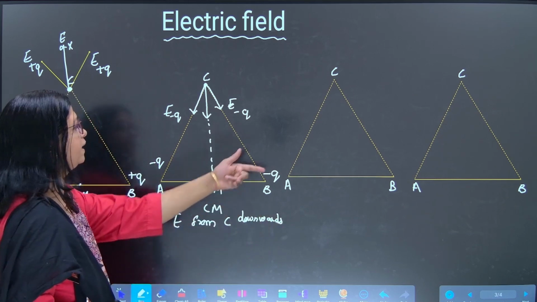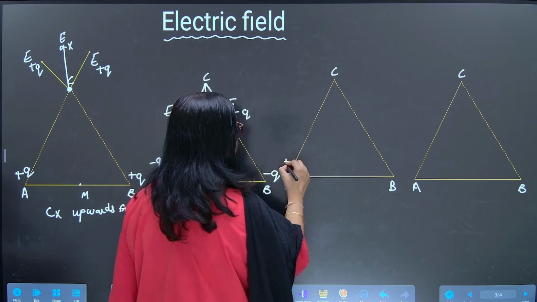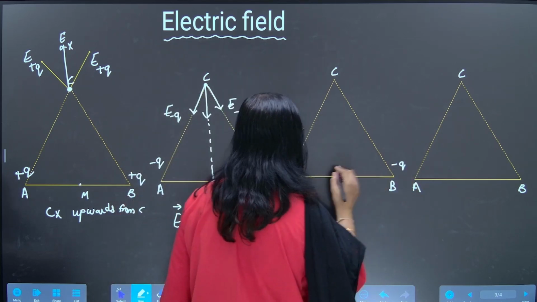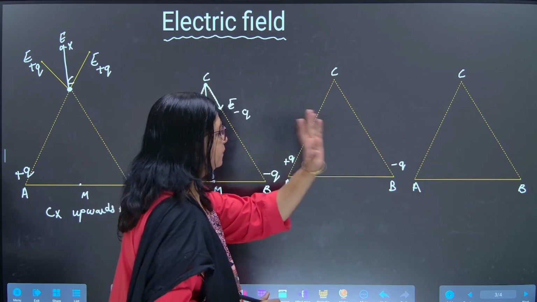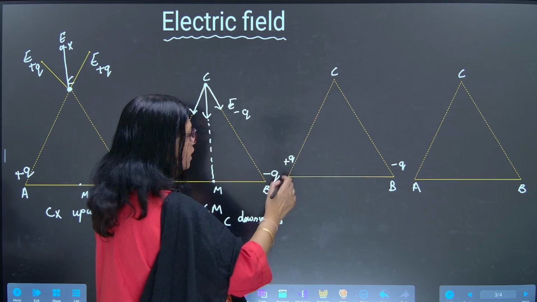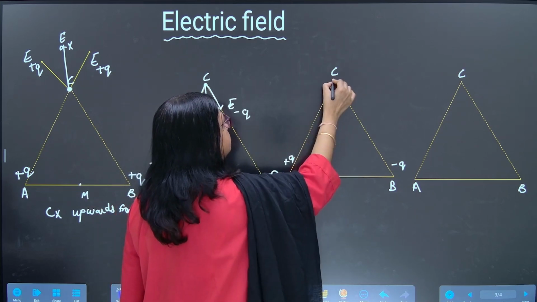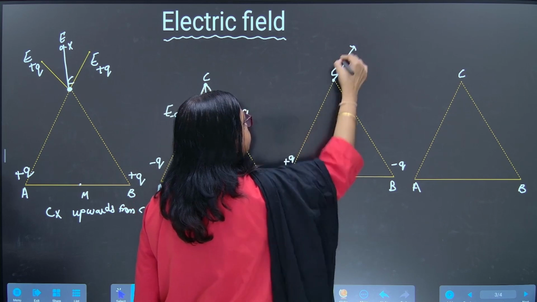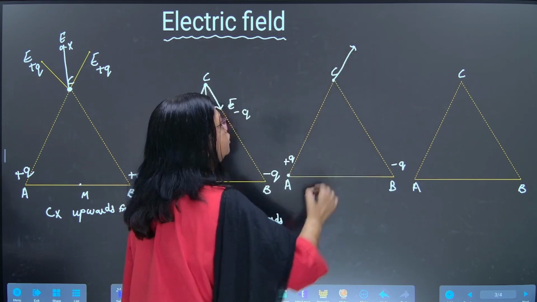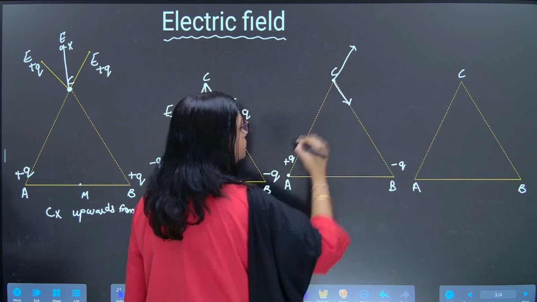Now let us go to another polarity. Let me take this as positive Q and this as negative Q. At A, I have placed one positive Q. At B, I have placed a negative Q. Again, I follow the same rule. From A, because this is a positive charge, I walk till the point C, going outwards. From B, I have placed a negative charge, so from C I go till C, inwards.